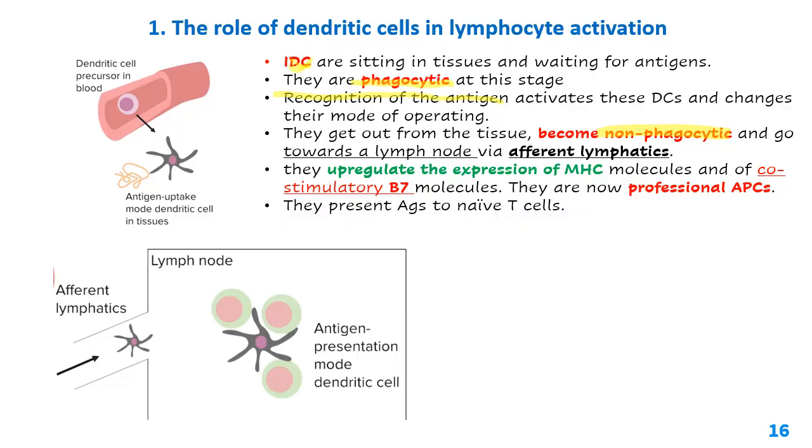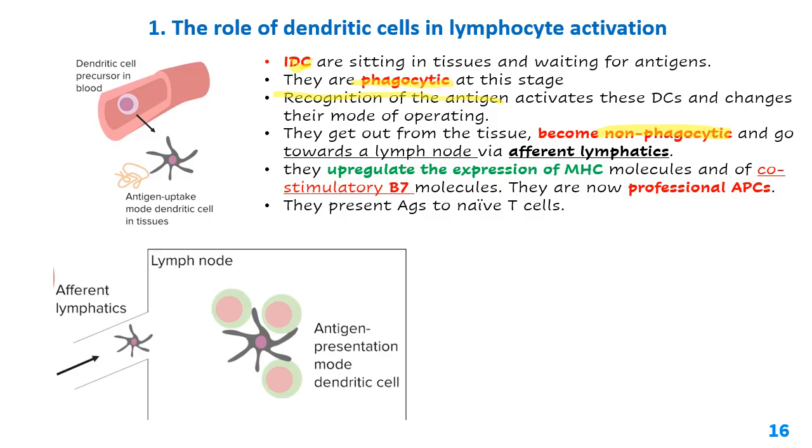So it's going to come out of the tissue, get into the blood circulation, and travel towards a secondary lymphoid organ. At first it was just stationary, it was just hungry, and then it ate. Now it's like, I don't need to eat anymore, I'm just going to travel. So then it goes to the secondary organ.